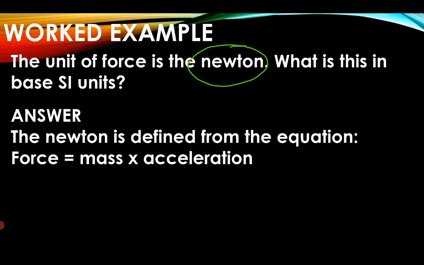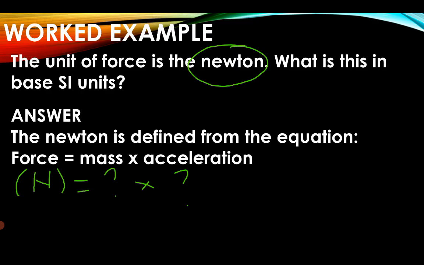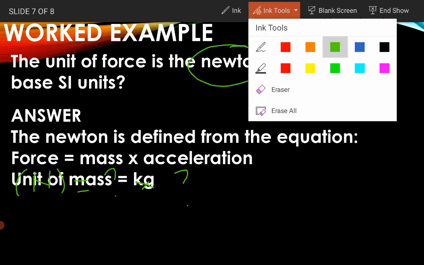So we want to express the unit of force, the Newton, in terms of the units of mass multiplied by the units of acceleration. Whatever we obtain here will be the base units. By that time, we will have expressed the Newton in terms of its base units. We know that mass is in kgs. That's what we know.